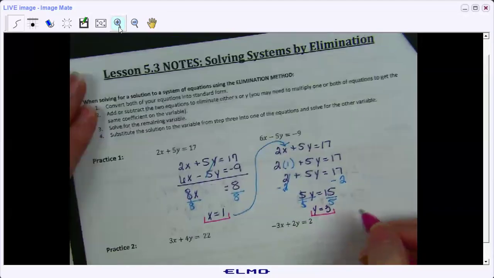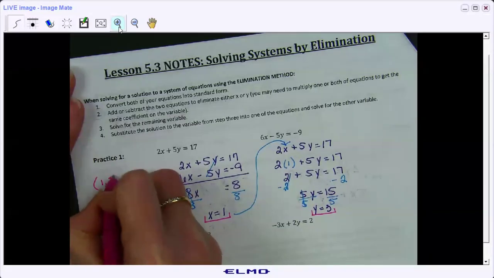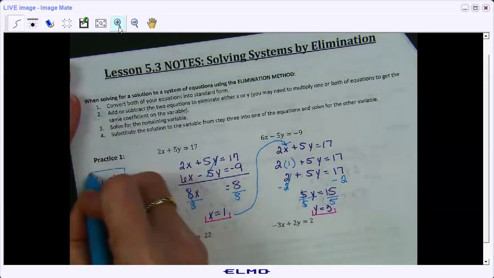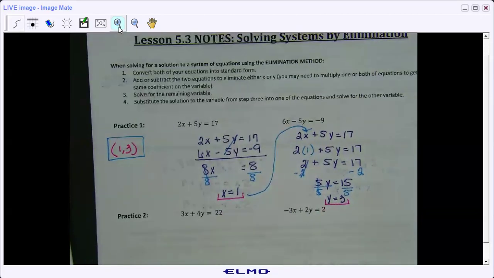Check your answer once you're done. Are there any questions on this?